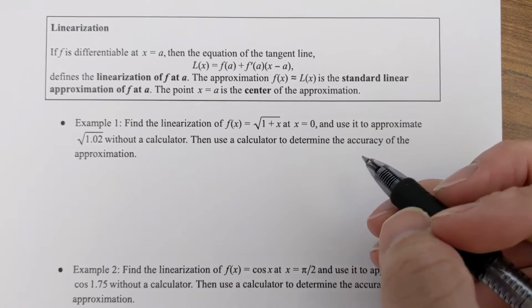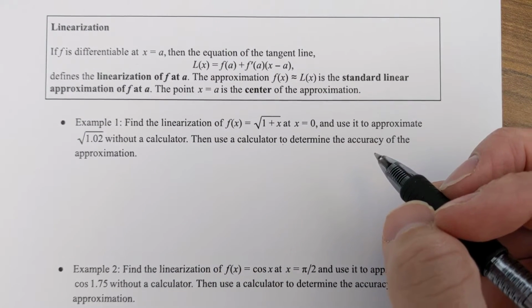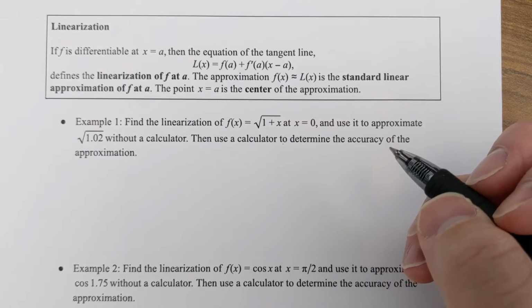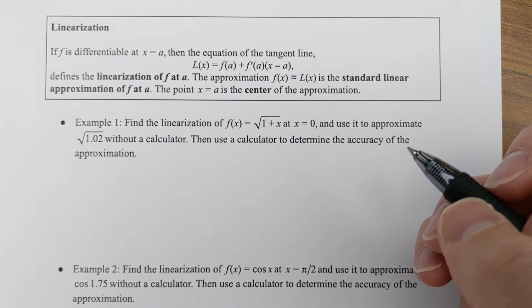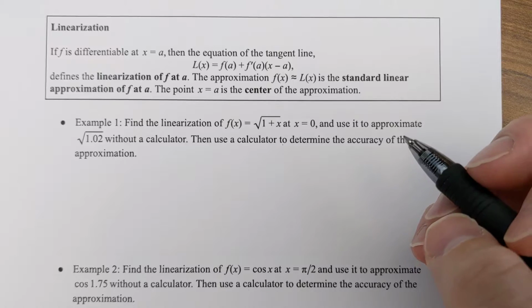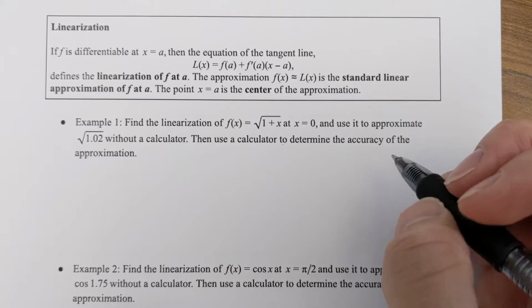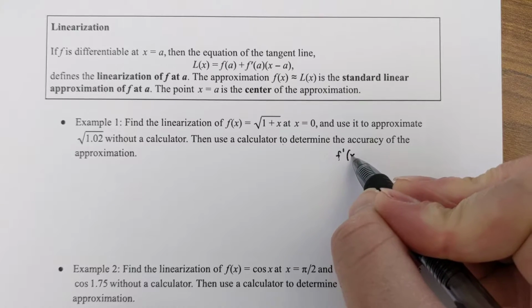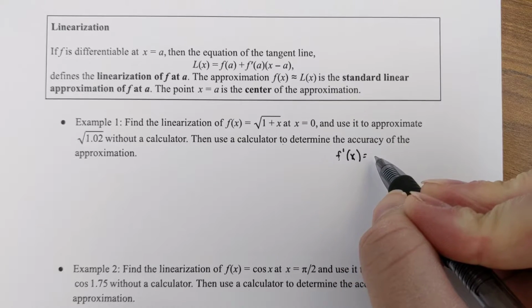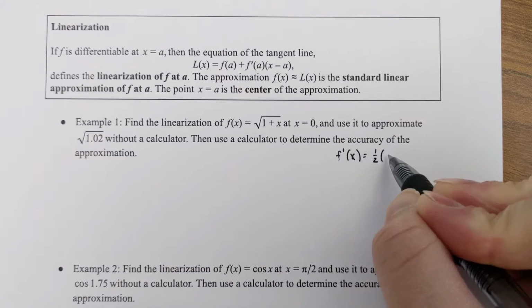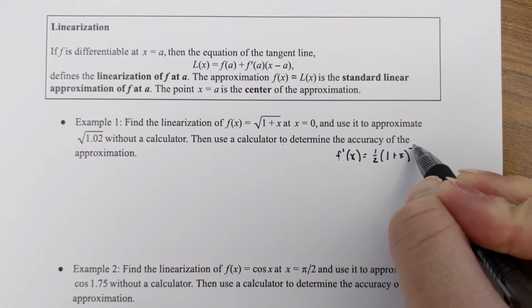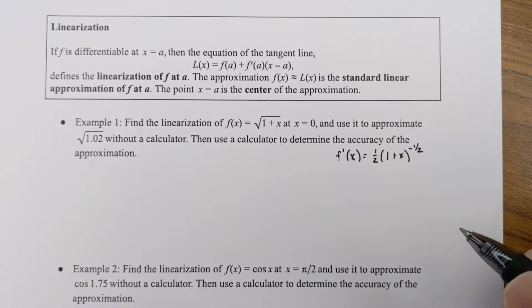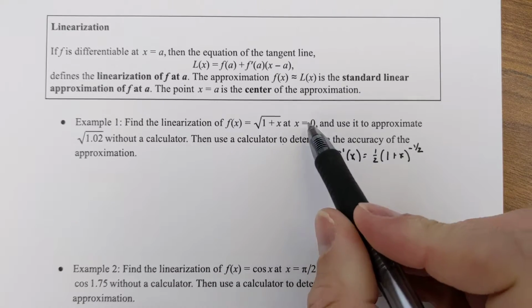Okay, so example 1 says find the linearization of f of x equals the square root of 1 plus x at x equals 0, and use it to approximate the square root of 1.02 without a calculator. So f prime of x, because we need our derivative, is going to be 1/2 times (1 plus x) to the negative half. For this problem, our a value is 0.